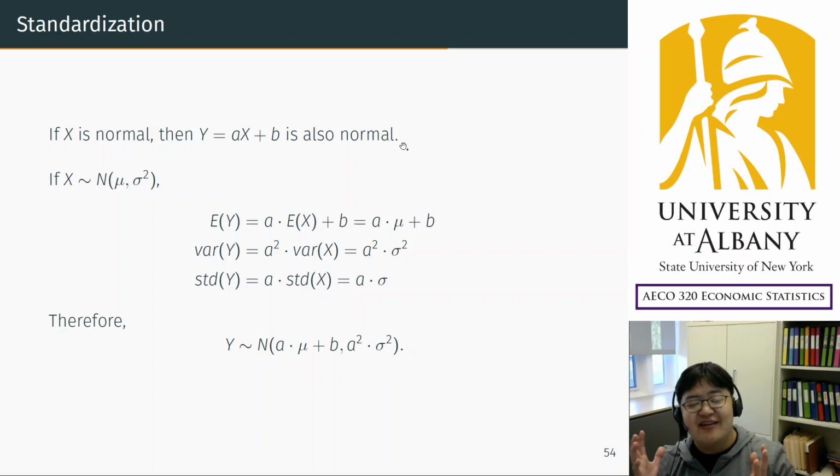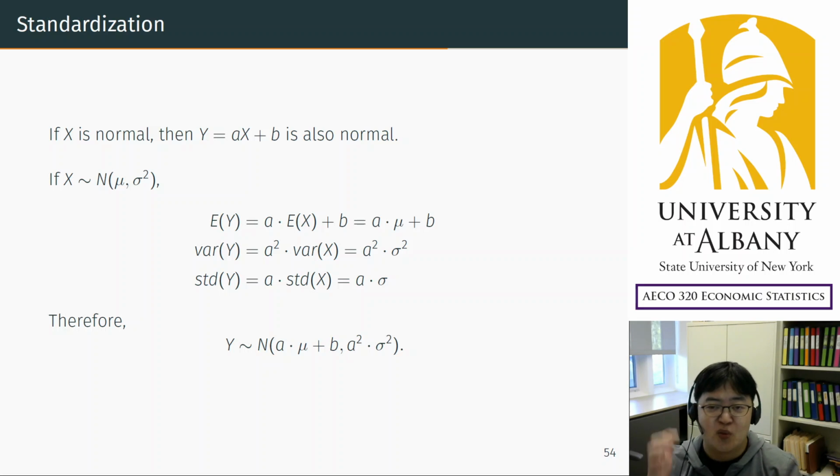So again, it may seem very obvious and like an automatic result, but actually not. Not many distributions have this property. For example, if you replace normal with binary or binomial, this statement becomes false. It does not hold. So this is another very nice property of the normal distribution.